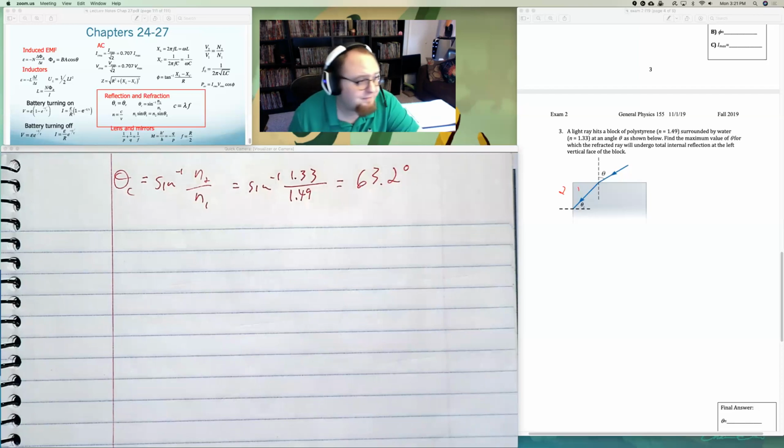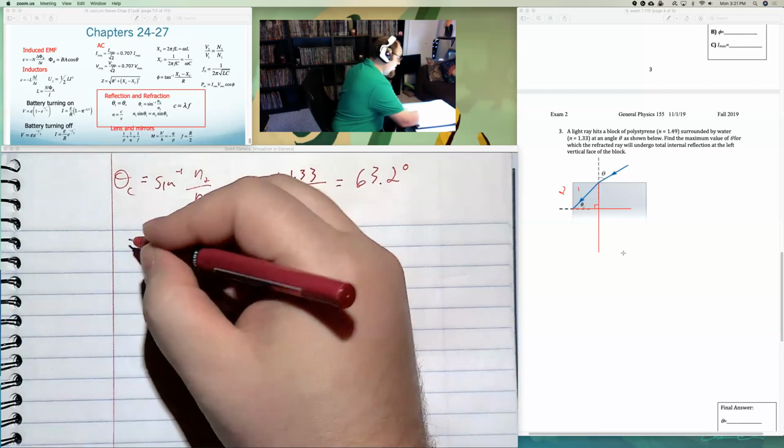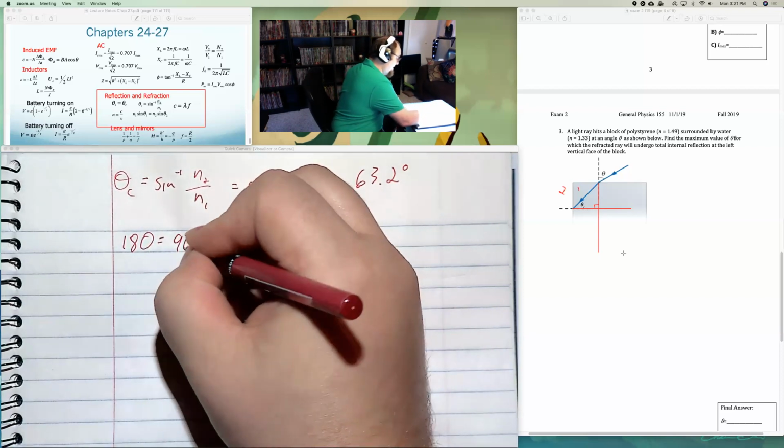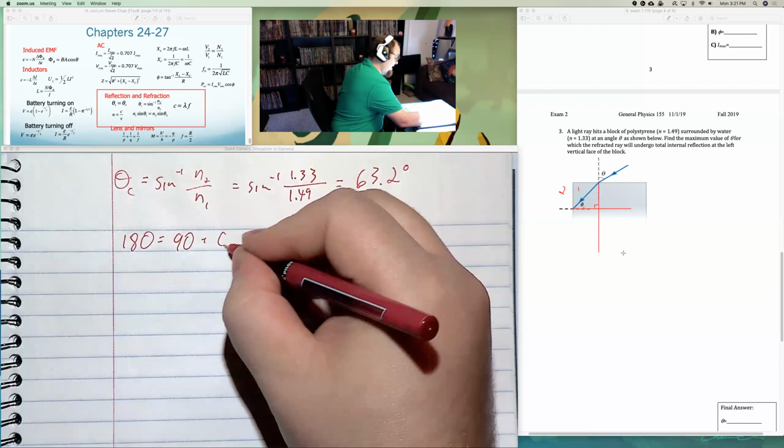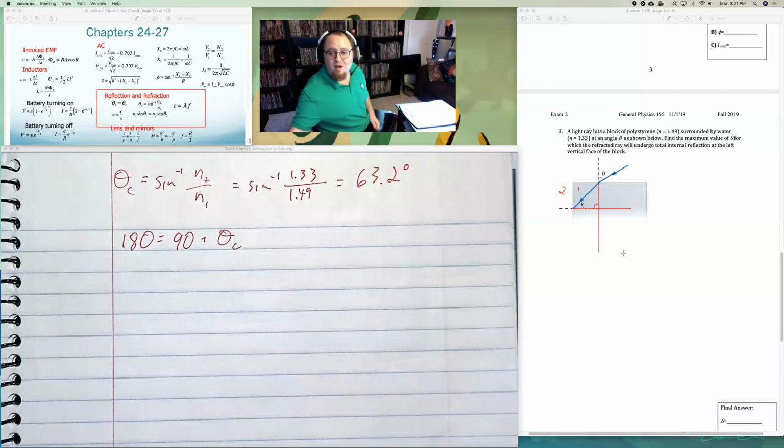But here's the thing. If I go and say this dotted line, let's just continue it further out. And this dotted line, let's just continue that further out. I just made a triangle. I made a right triangle where that right there is 90 degrees. And the sum of angles in any triangle is 180. So I know that 180 is going to be 90 plus theta C plus some other angle at the top here.